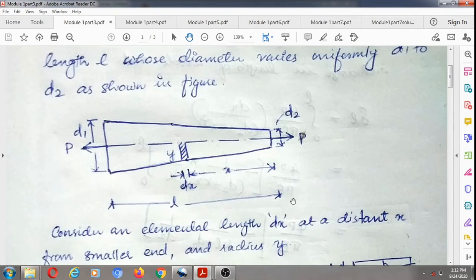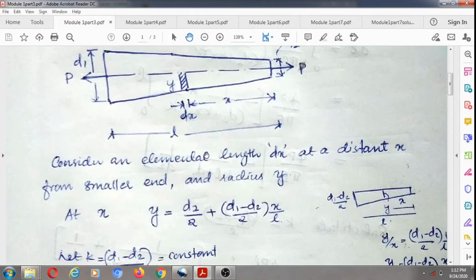The total length of the bar is L. At a distance x there is a small elemental length dx, and the radius of that segment is considered as y. Consider an elemental length dx at a distance x from the smaller end and radius y.